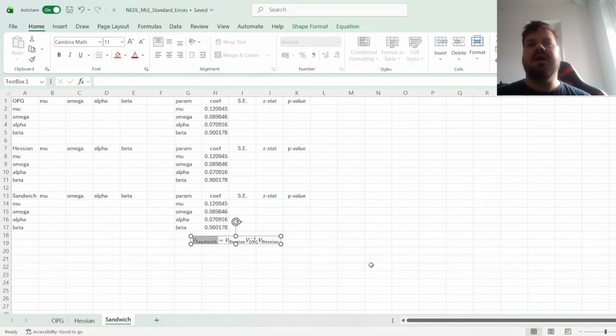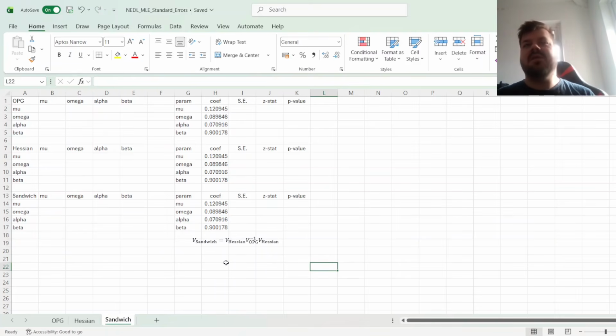In many implementations of the GARCH model in software, for instance, a lot of Python packages produce this sort of approach as a robust covariance matrix estimator by default. And obviously the sandwich method is not unique to maximum likelihood estimation.